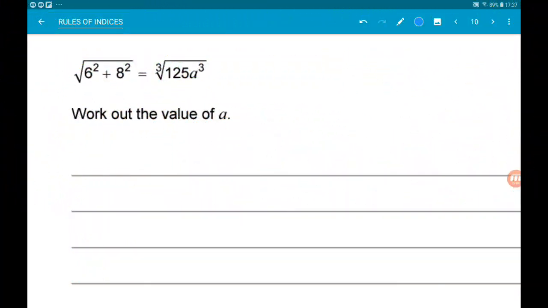Okay, next up, everyone loves this question, so for 4 marks, the square root of 6 squared add 8 squared is equal to the cube root of 125a cubed. We want to work out the value of a. Okay, so from experience, I know this looks hideous. Let's just start with the left hand side.